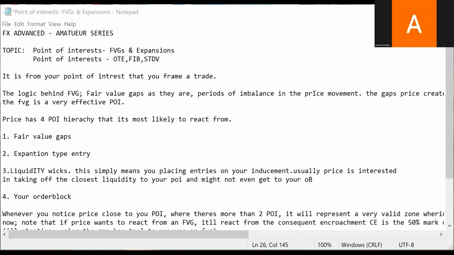So that means you have to look for another type of trade, another type of confluence to actually engage in this market.